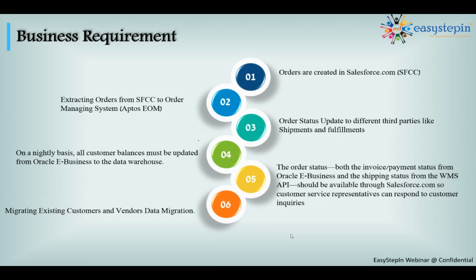Whenever there are appeasements to be done between the other systems, those payments also have to be done. We also have returns: whenever the product status is updated to return, those statuses should flow between these multiple applications. These were the business requirements. Around 10 to 12 applications were involved to handle all of this order management.